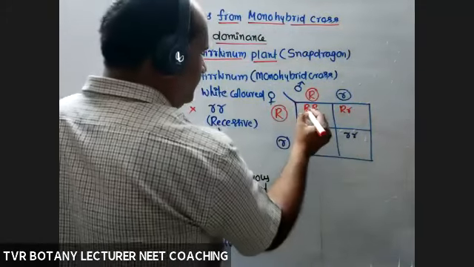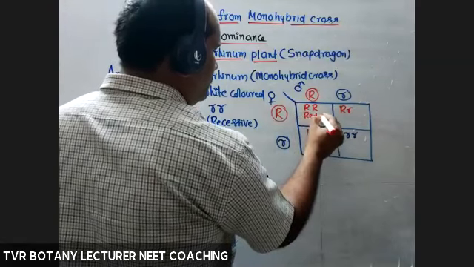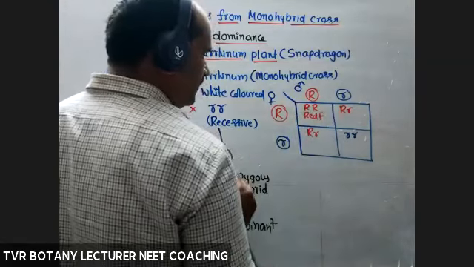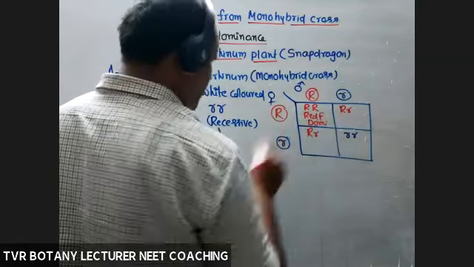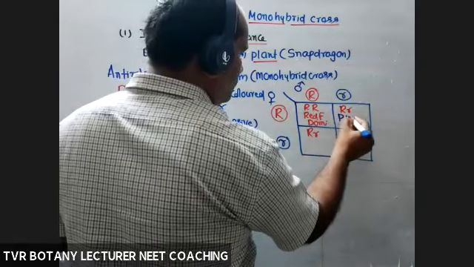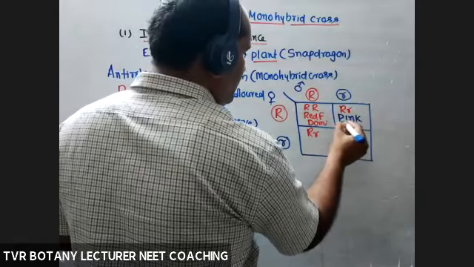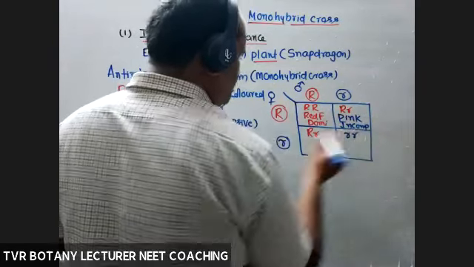Now, what about the color of the flower? Red flowers. Red flower, so dominant. Next, pink. Deviation. Incomplete dominance.